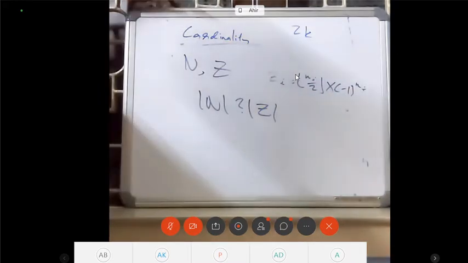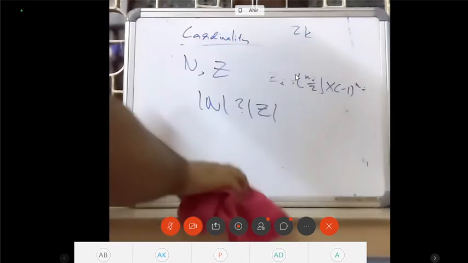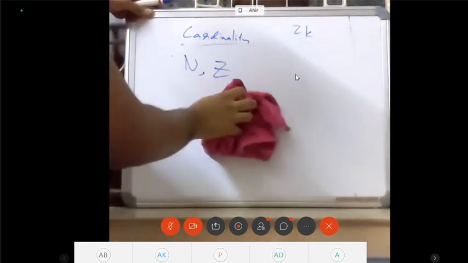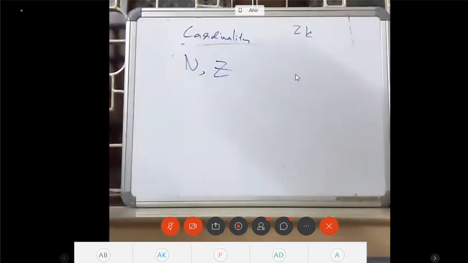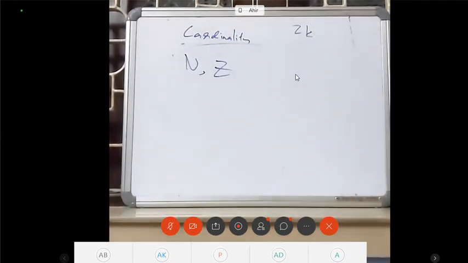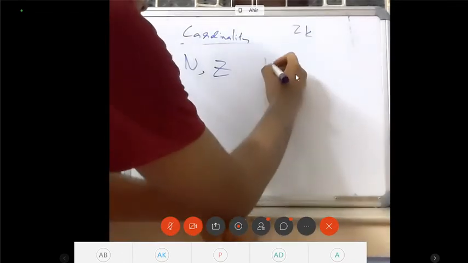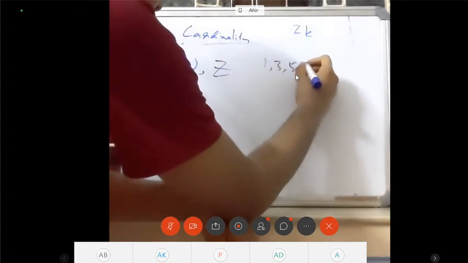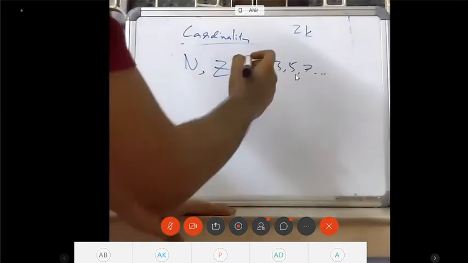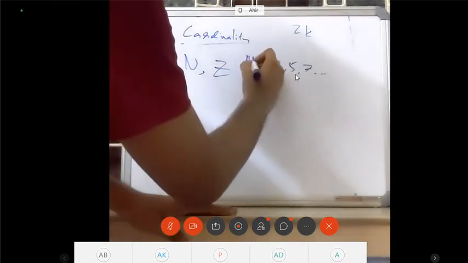So for those of you who didn't understand, we do it like this. Suppose we take all the odd natural numbers: 1, 3, 5, 7, and so on.